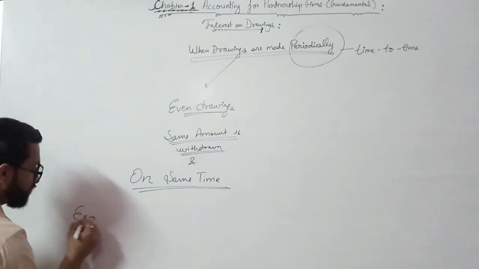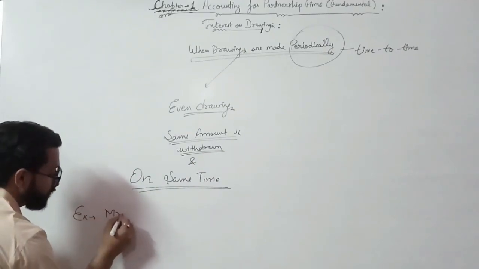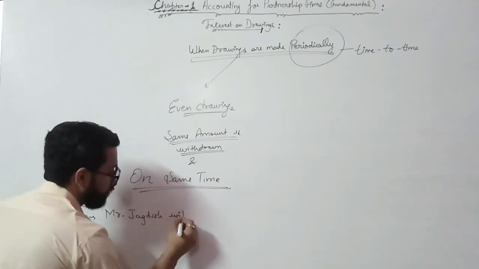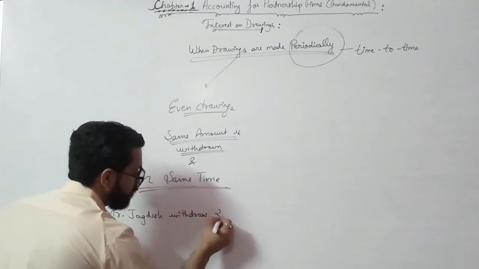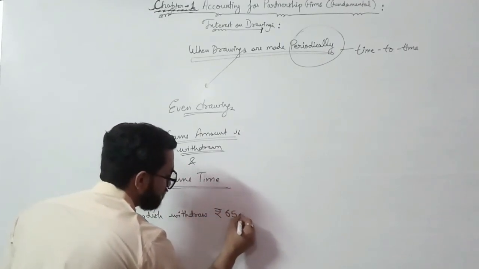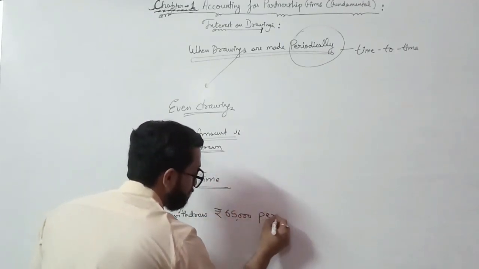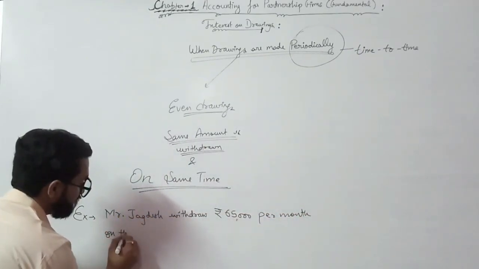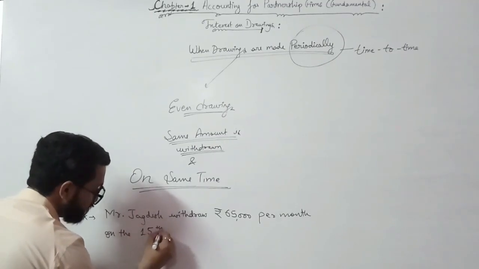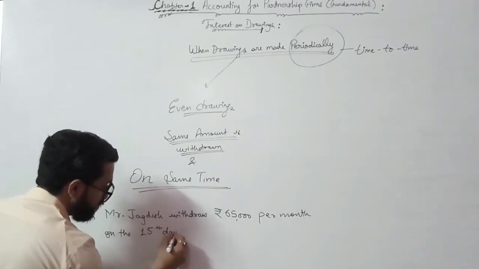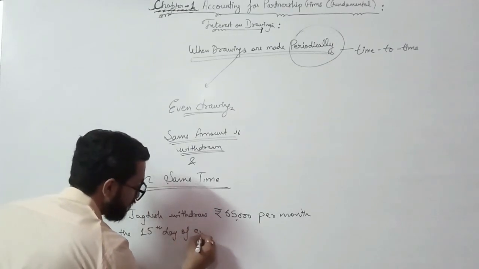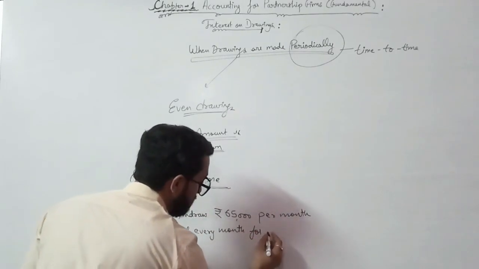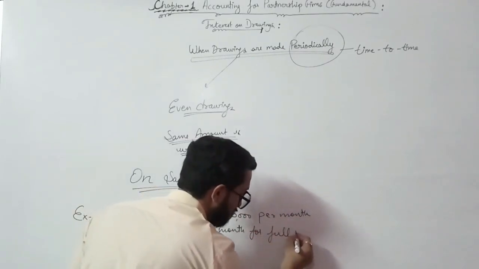Let me give you an example. Mr. Jagdish withdraws rupees 65,000 per month on the 15th day of every month for the full year.